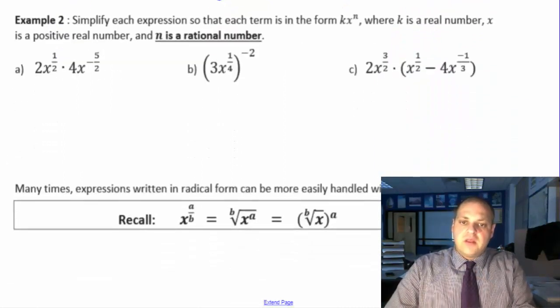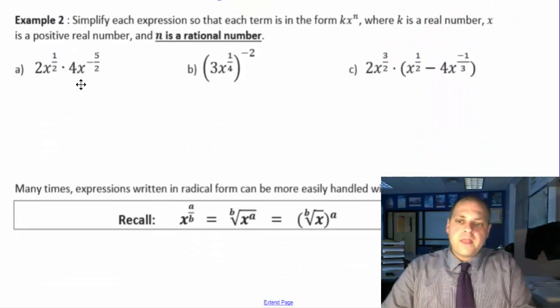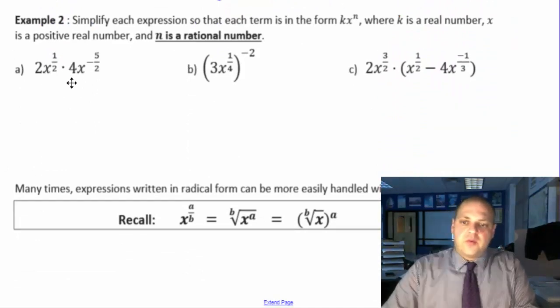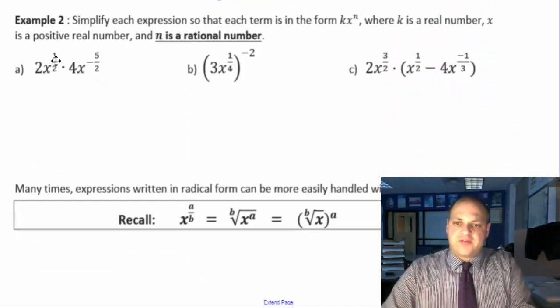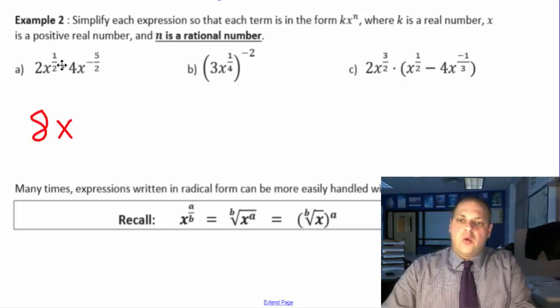Okay. Example 2. We have 2x to the 1/2 times 4x to the negative 5/2, so we're going to multiply. 2 times 4 is 8, and that's x to the 1/2, and then add negative 5/2, so 1/2 minus 5/2, it's like plus a negative.